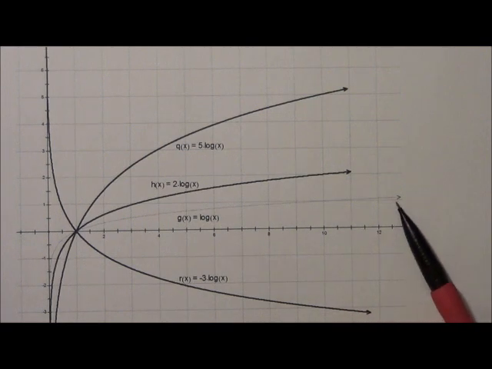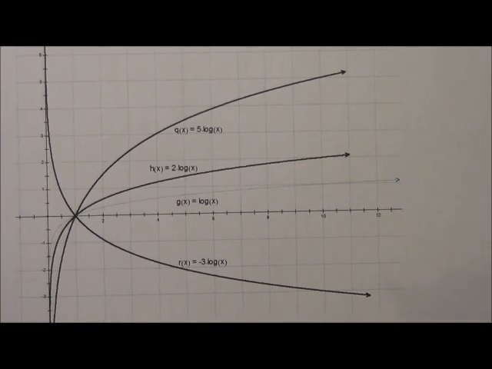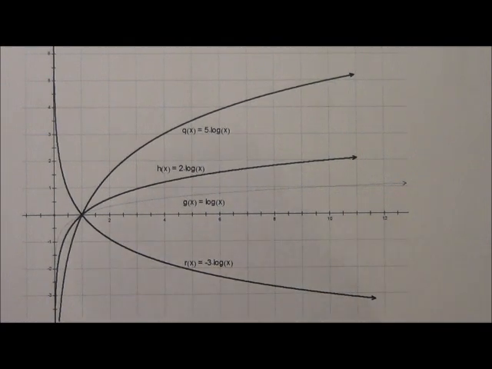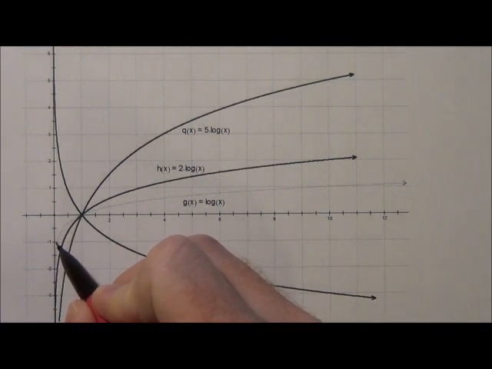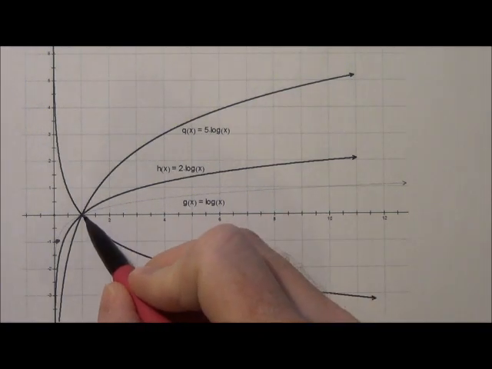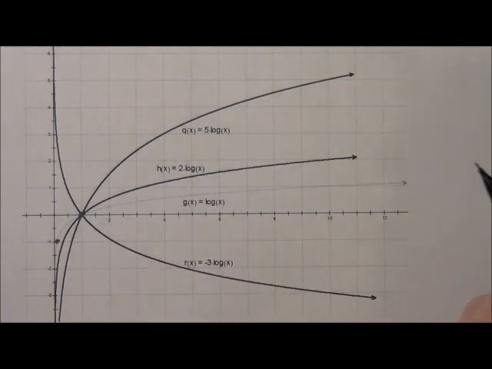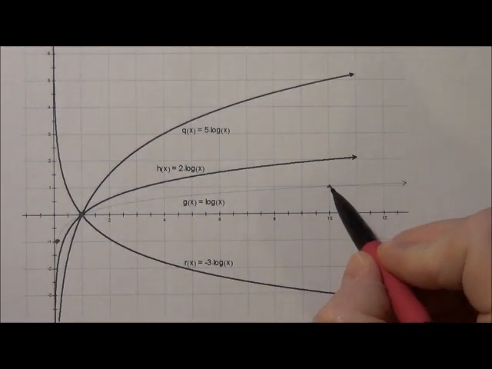Take a look at the main points. So (1/10, -1) is right here. Obviously (1, 0) is right here where they all intersect, and then (10, 1) is right here.